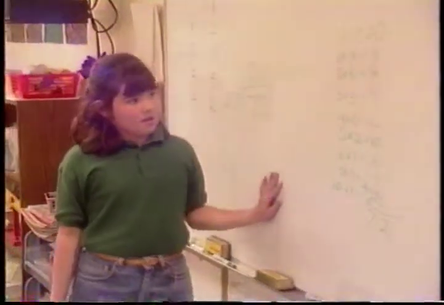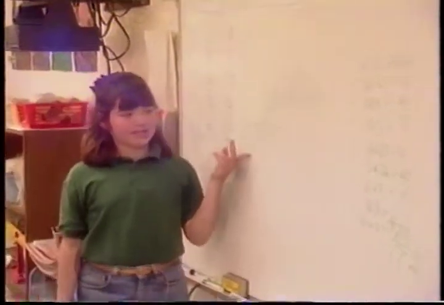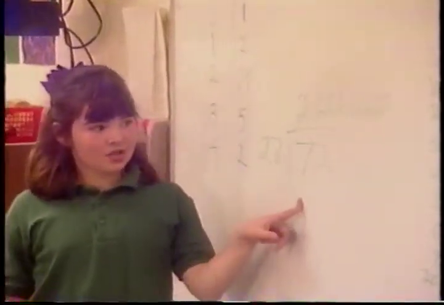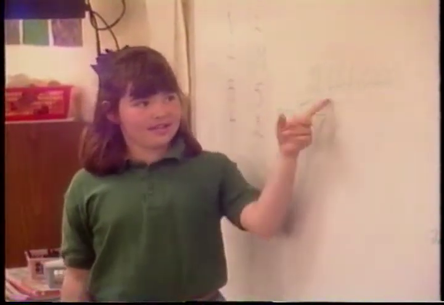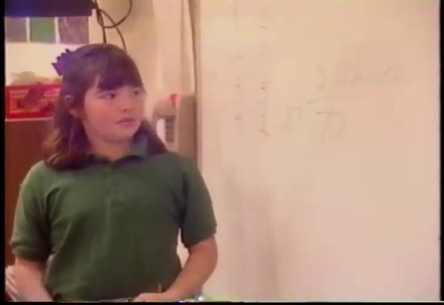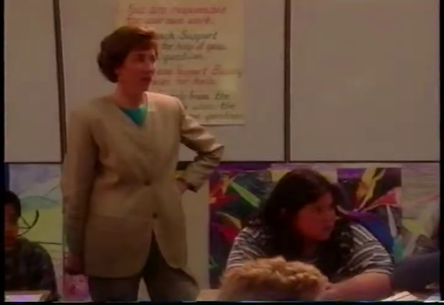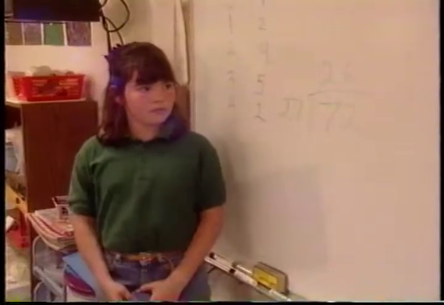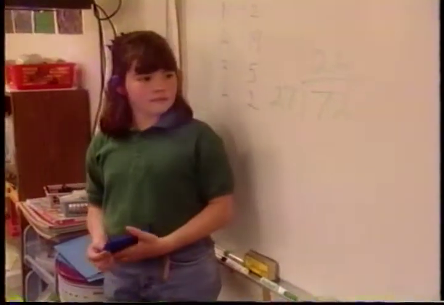And then we had 27 people in our classroom, so I divided 27 into 72. I got confused when the calculator said 6 point something, and then I knew it was 2 with a remainder. Very nice, Angela.